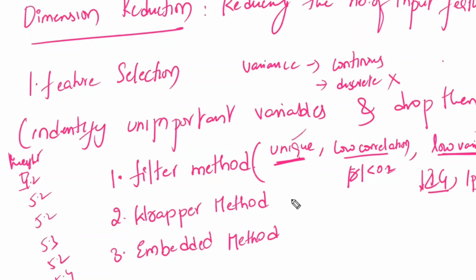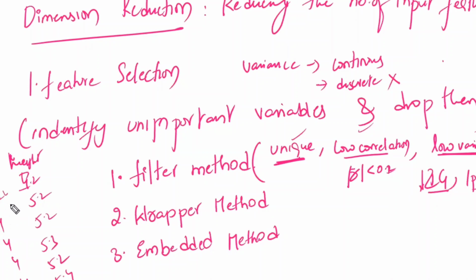You know what is meant by unique. You know what is meant by correlation. Correlation is the relation between the input variable and the output variable. If there is no relation, there is no use for predicting, so that particular variable we are going to drop. You know what is meant by variance. If variance is low, it means there is no change. For example, I have a continuous variable 4, 4, 4, 4, 4. Can you calculate the variance? What is the average value? The average is also 4.